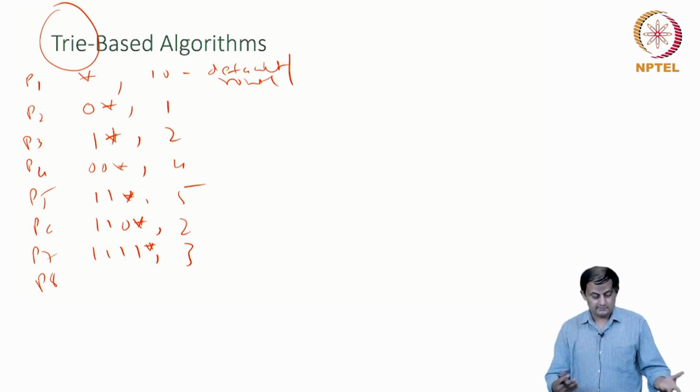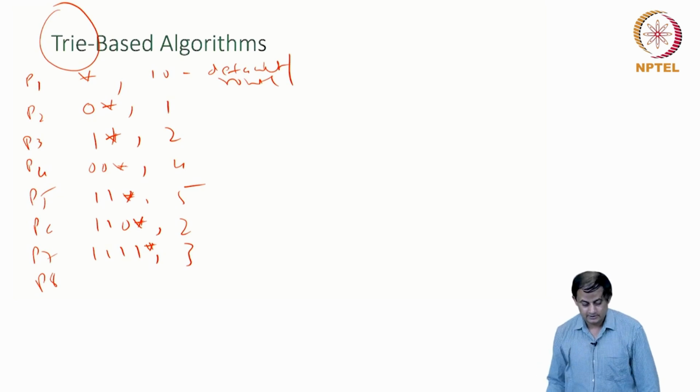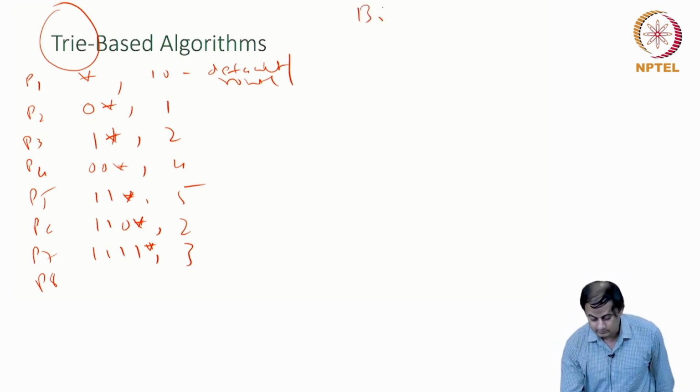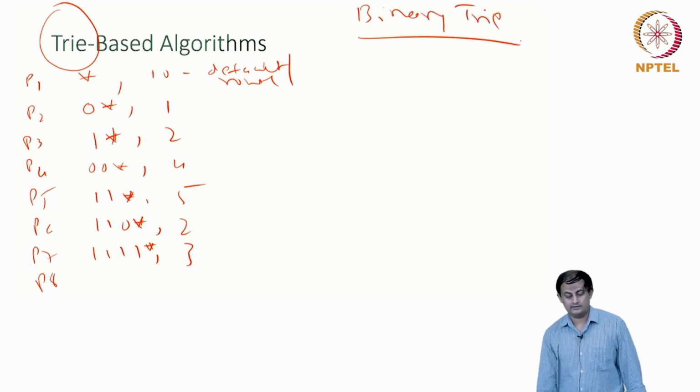So how do I actually build this? The simplest form of the trie is called the binary trie. As the name suggests, there are at most 2 children for every node.